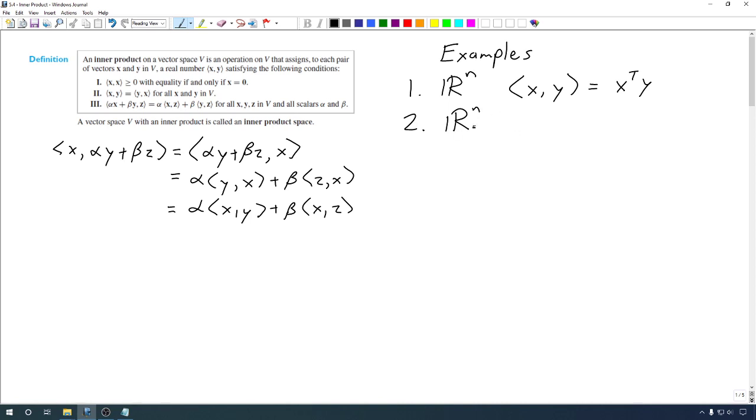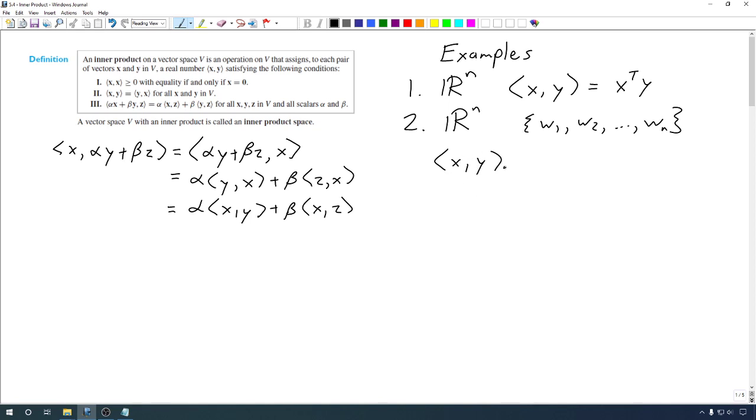But we could also find a different inner product in Rn. So here, we're going to work with Rn, and we're going to introduce a collection of w's. And we're going to define our inner product of x and y. Here I'm thinking of x and y as bold column vectors, where x is x1 through xn, y is y1 through yn.